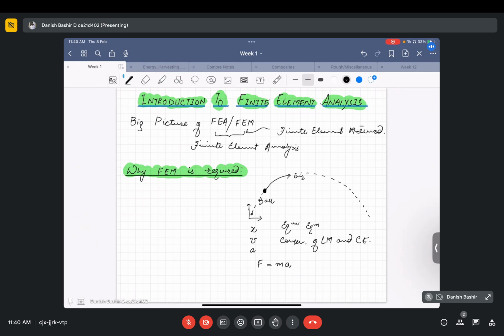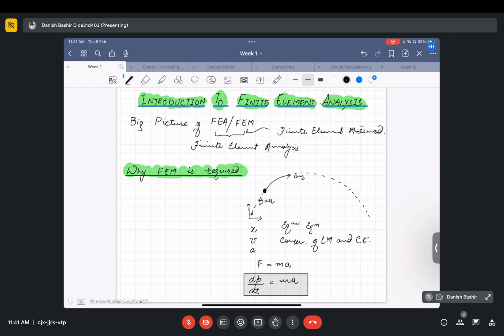F is the rate of change of momentum, dp/dt = ma. You see how this simple physical problem, like throwing a ball in the air, has led finally to a differential equation of this form, a linear differential equation.